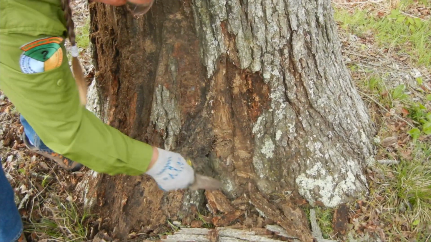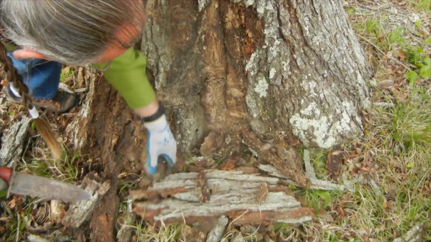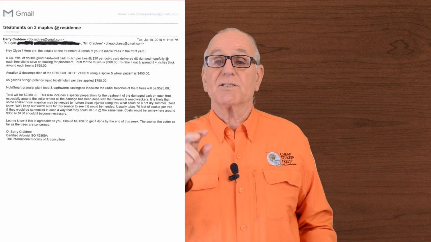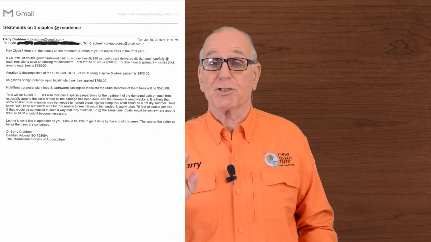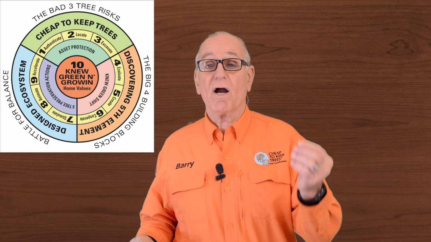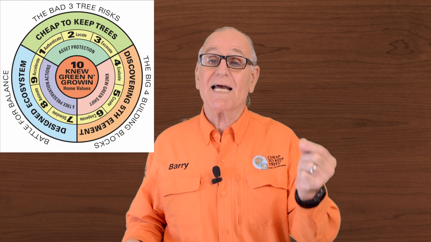This risk assessment includes a written report we will email to you within 2 to 3 days as to the hazards and defects discovered, what tree preservation actions are required to solve them, and a price as to how much it will cost you for us to apply these solutions.